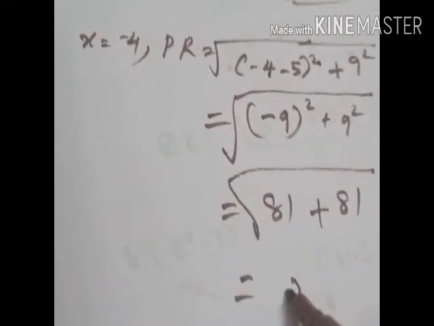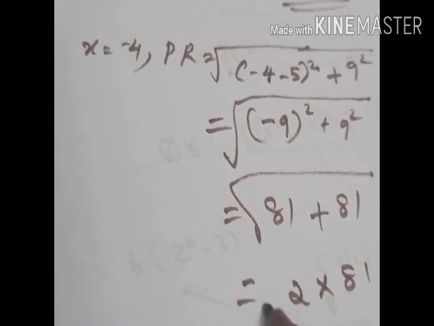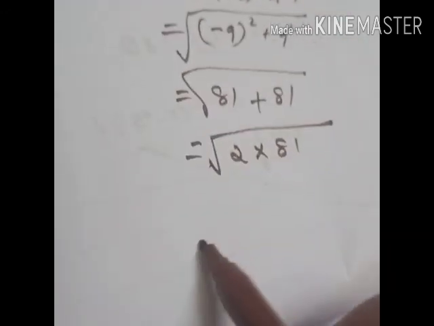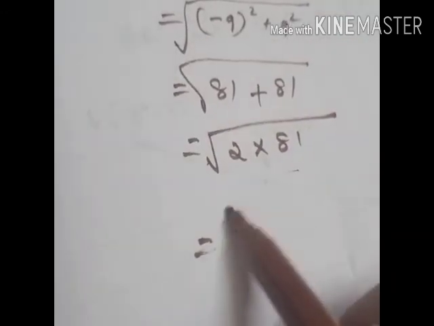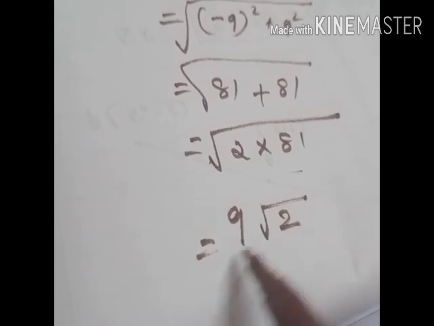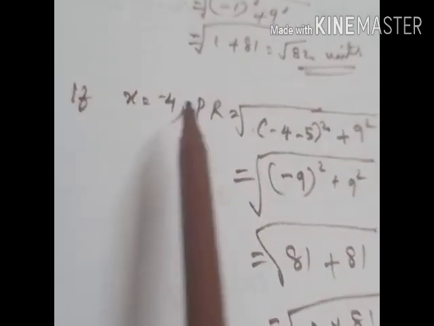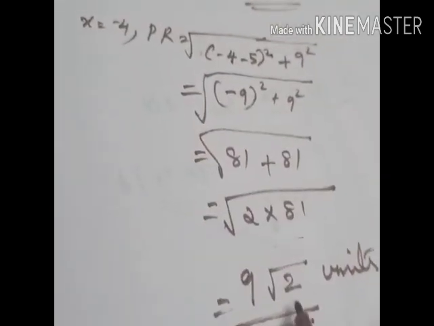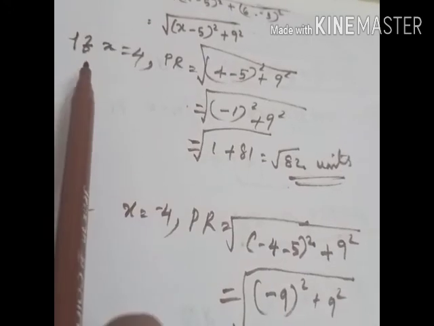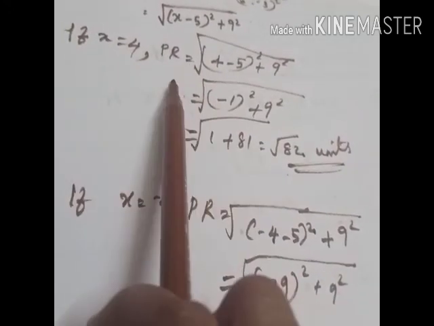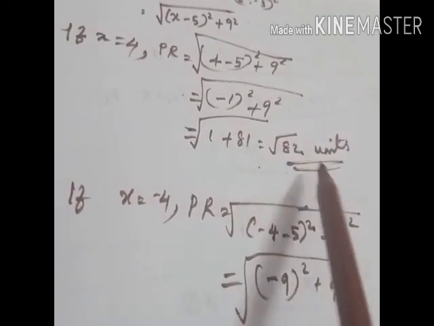So we can write it as root of 2 into 81. Root 81 is 9, and root 2 stays root 2, so 9 root 2 units. When x is negative 4, PR equals 9 root 2. When x is positive 4, PR equals root 82.